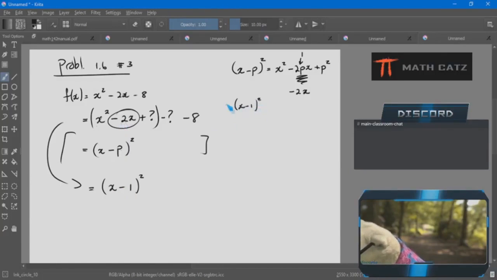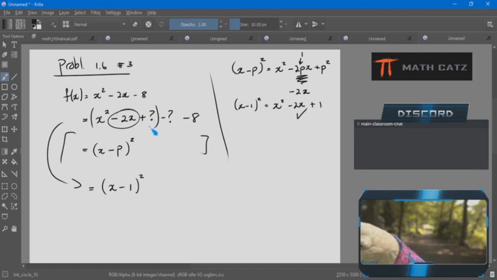(X minus 1) squared will result in the first one squared, product of the 2 times 2, last one squared. So now that negative 2x term is correct. I have to choose the appropriate p value so that I get the middle x term to be what it needs to be.